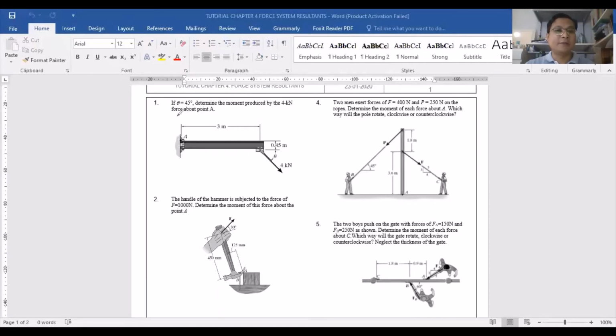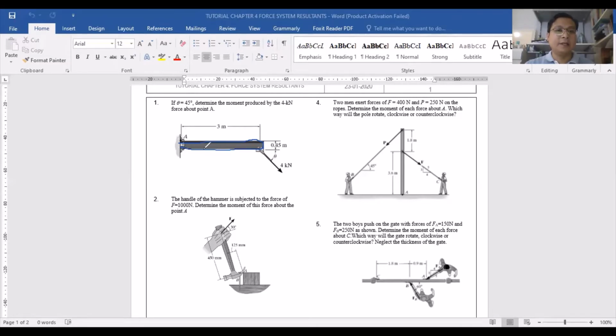From the figure, we understand first which one is the body. The body is the beam. So I create the beam here, in blue, and point A is exactly on the wall.